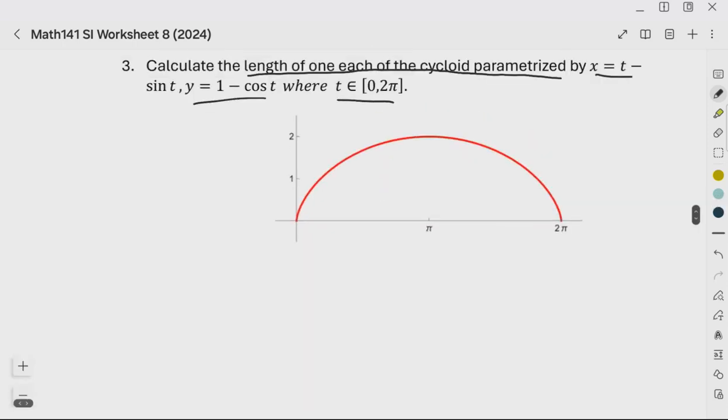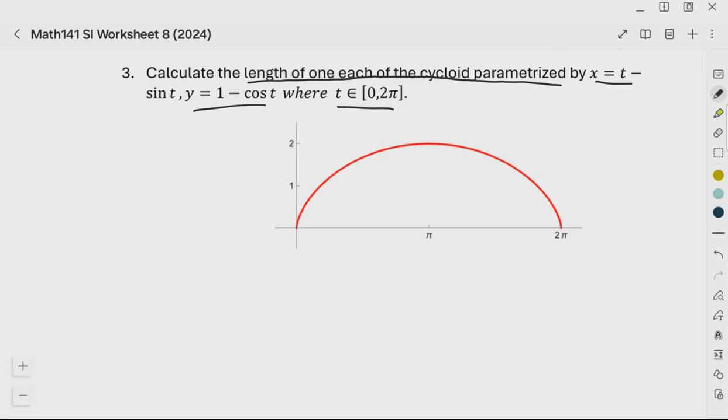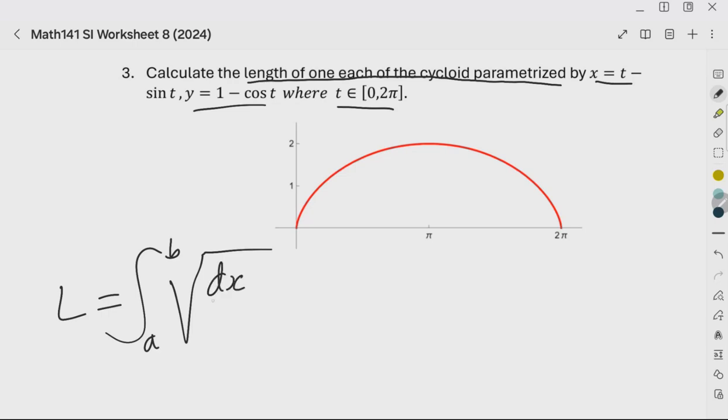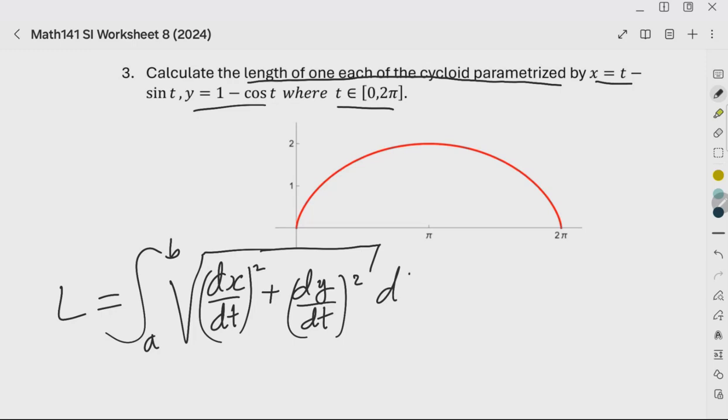So again, the formula for the arc length is L equals the integral from a to b, being the boundaries, of the square root of (dx/dt) squared plus (dy/dt) squared, dt. So that's what we need to do there.